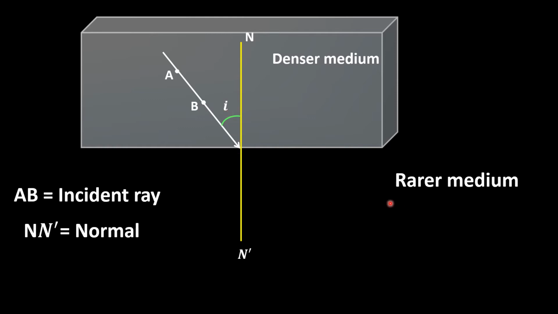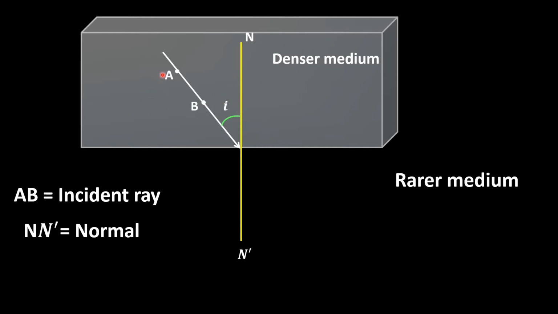In the rarer medium, n is less, so theta should be more, that is the angle of refraction should be more.